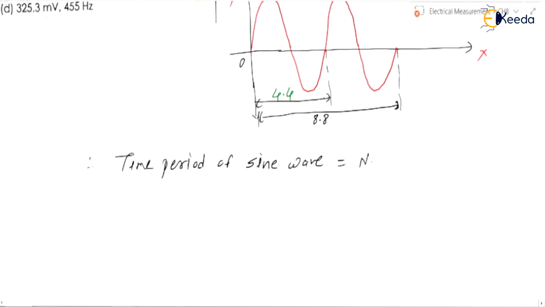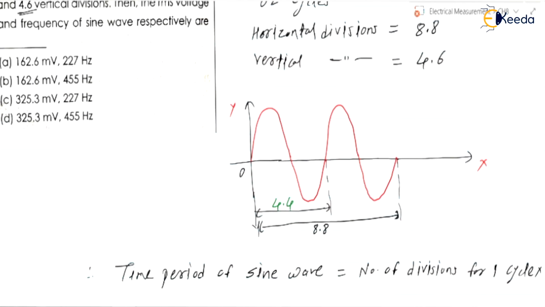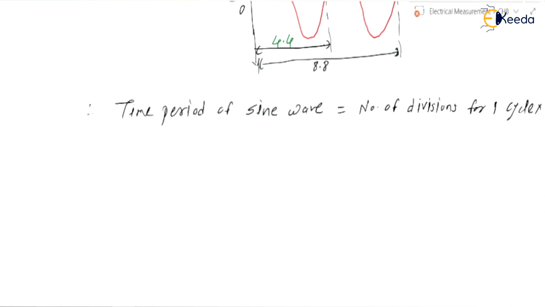is equal to number of divisions for one cycle, into the horizontal line setting.